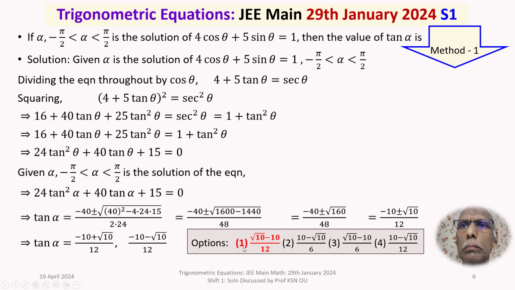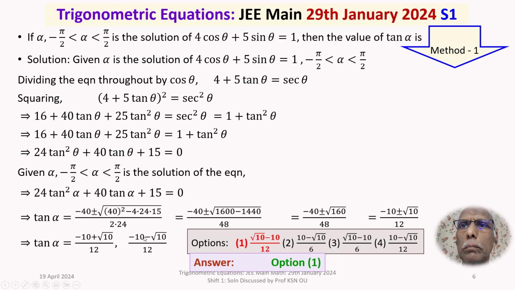Therefore, this is the solution, and we write down the answer for this question as option 1. Because out of the 2 solutions we got, only one appears in the options and the other does not, we safely say our answer is option 1. You are happy, we are happy as teachers, and everybody is happy.